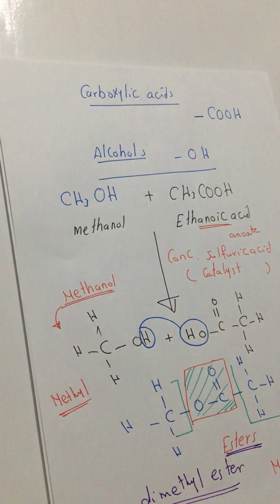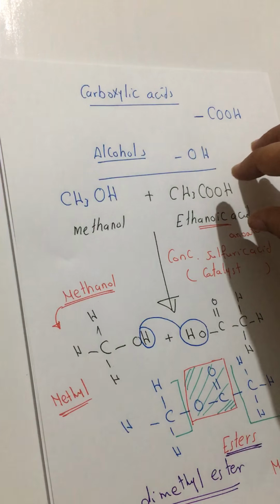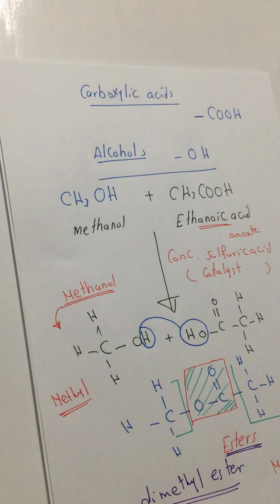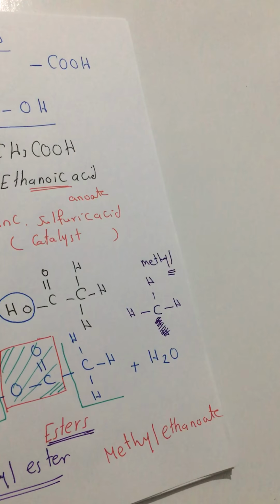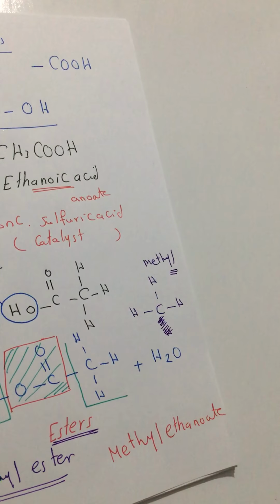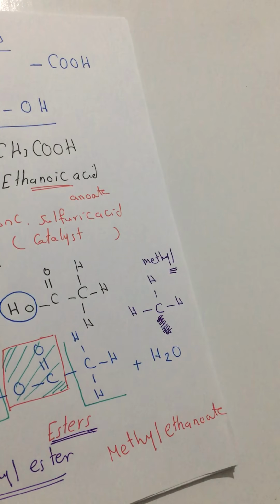And for the carboxylic acid, when we take the OH from the acid, it turns to be "-anoate". If it's methanoic acid, it would be methanoate. Ethanoic acid, it would be ethanoate. Propanoic acid, it would be propanoate. Butanoic acid, it would be butanoate. And we write both names together. So in this case, we have the methyl ethanoate compound.